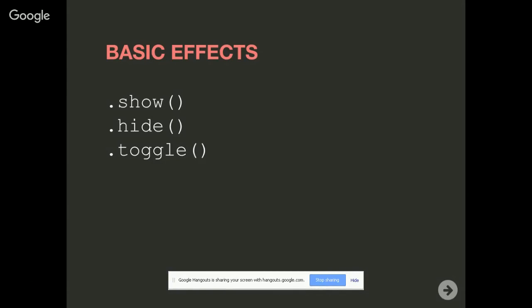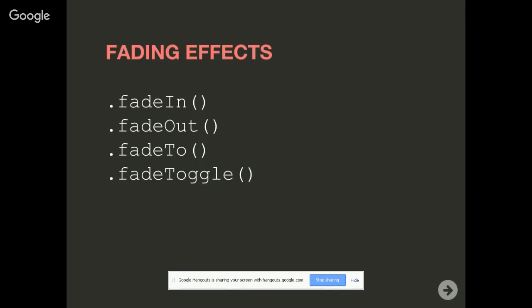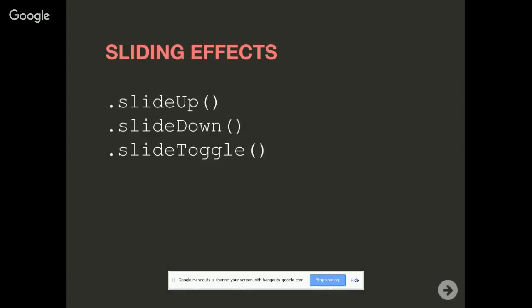And toggle, we used toggle last time. Do you remember what it does? Tatiana? Click and it shows the item in the list. Well, click again, and it's going to change between the two states, right? It changes between two states. And you can also fade in and out, fade toggle, slide up and down.